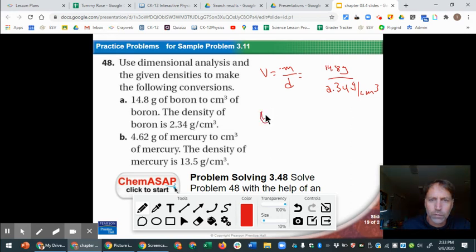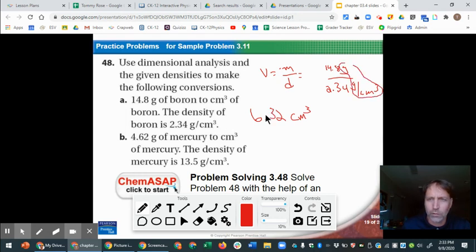Keep our significant figures to 3. So that's 6.32 centimeters cubed.